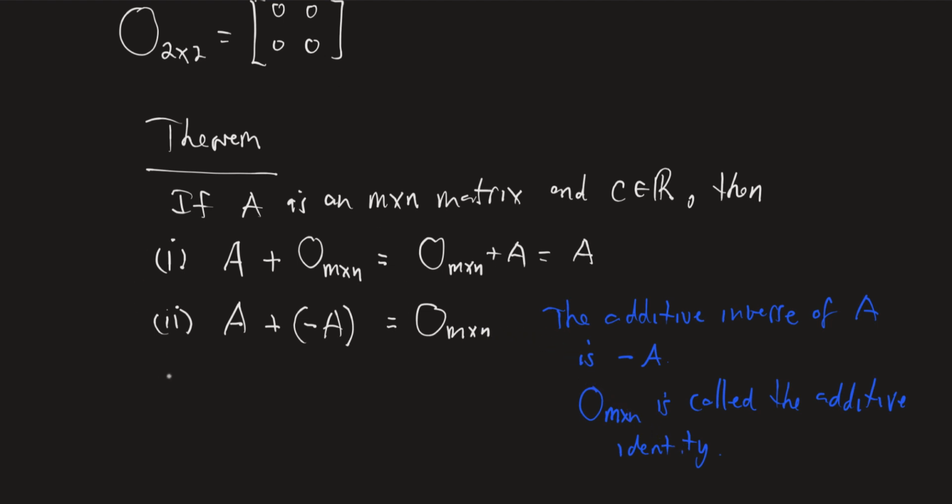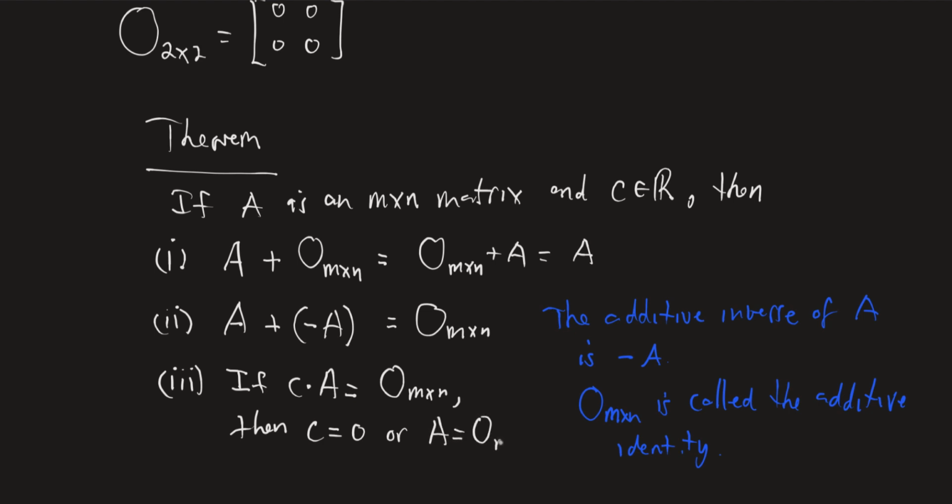And then, like I said, there are 3, so here's the third now. The third is the one that involves our scalar, and it's basically this. It says, if a constant times my matrix somehow gives us the zero matrix, then one of these things would have to be true. Either C is equal to 0 or A is equal to the zero matrix.